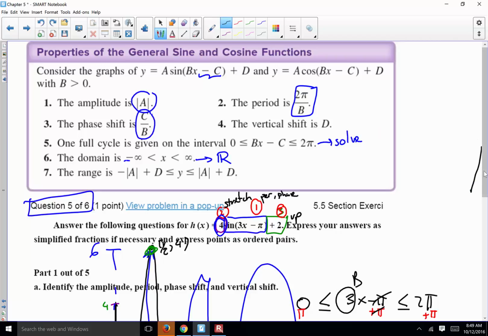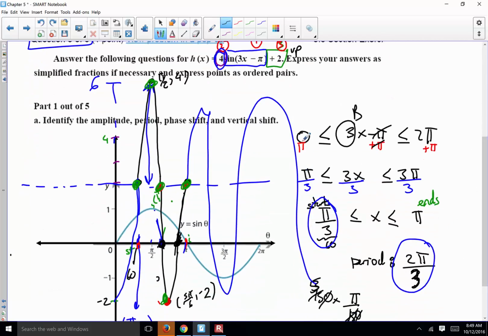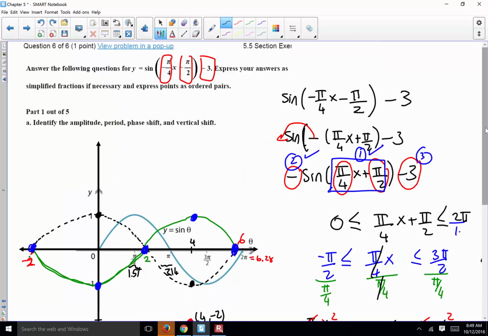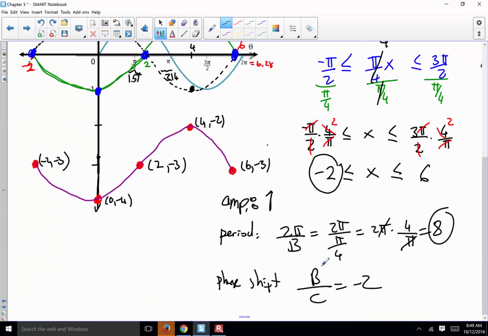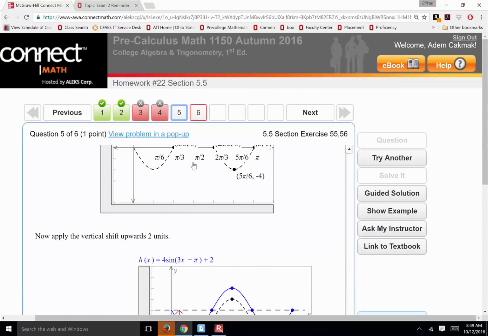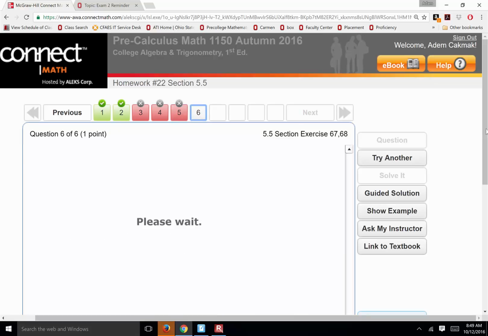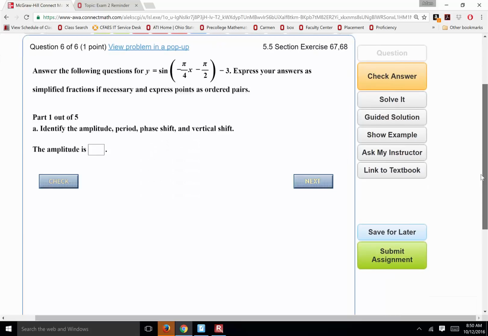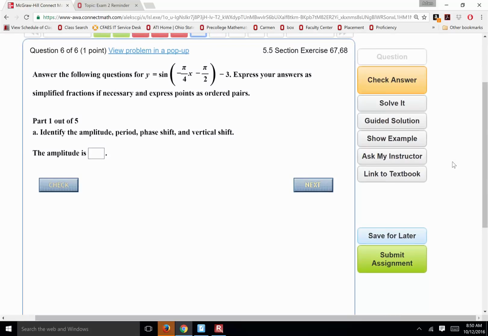C over b, I'm sorry, c over b, but we get it by dividing this and computing this. This is the phase shift, c over b, which is -2. And what else is asked here? And vertical shift. And vertical shift is 3 down.